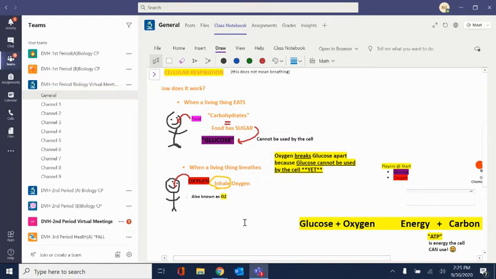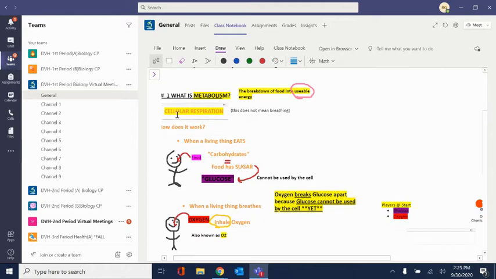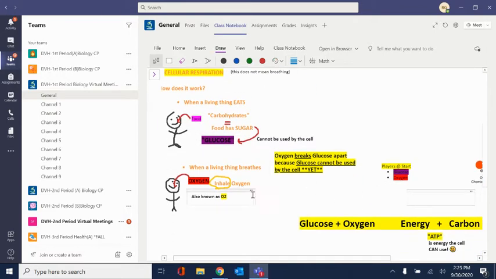That so happens to be when I breathe. So if I don't breathe, then I cannot break down food. The process of breaking down food is called cellular respiration. So without breathing, I cannot do cellular respiration. But cellular respiration is not actually breathing.